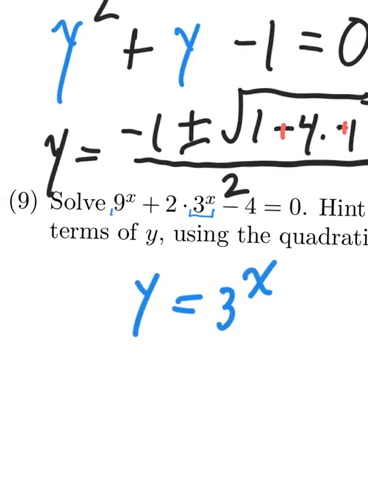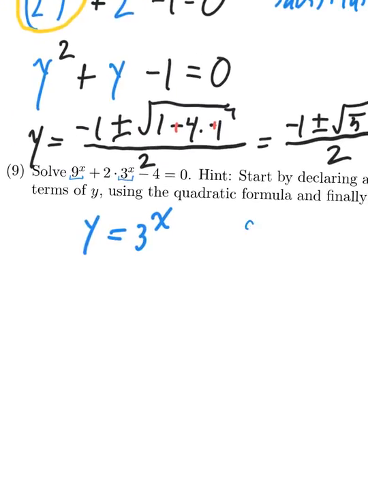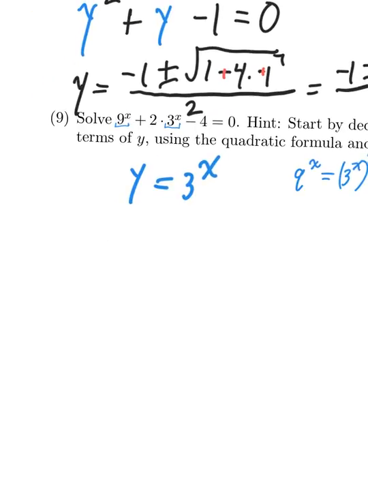Let's look at this 9 to the x, though. Well, 9 is just 3 squared. So that means 9 to the x is just 3 to the x squared. So under the substitution, that'll become y squared. So this whole equation will become y squared plus 2y minus 4 equals 0.